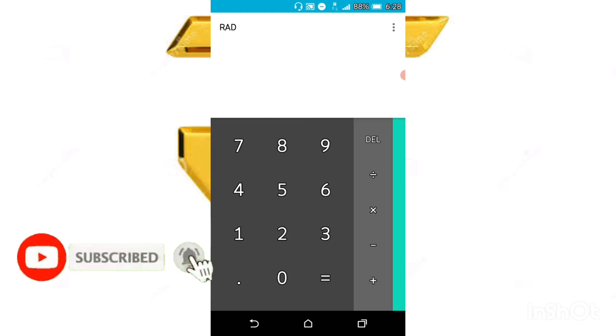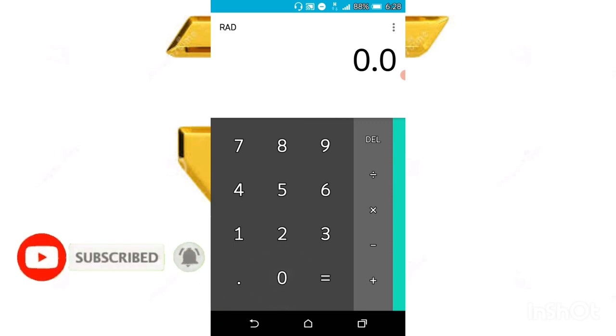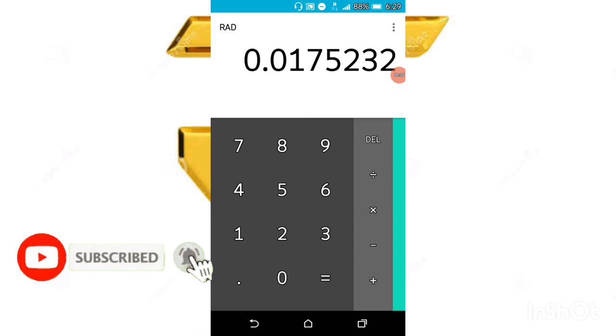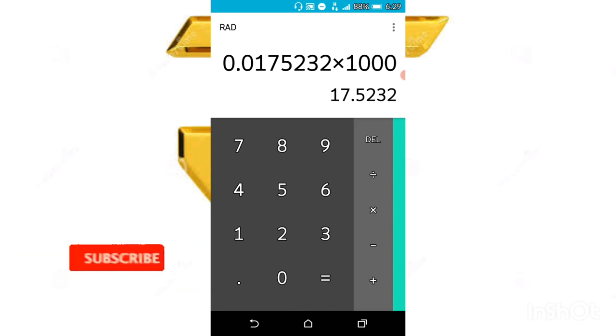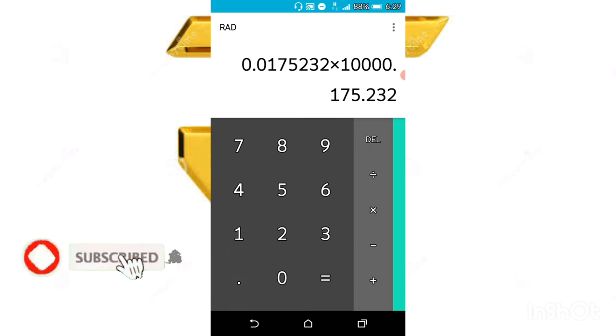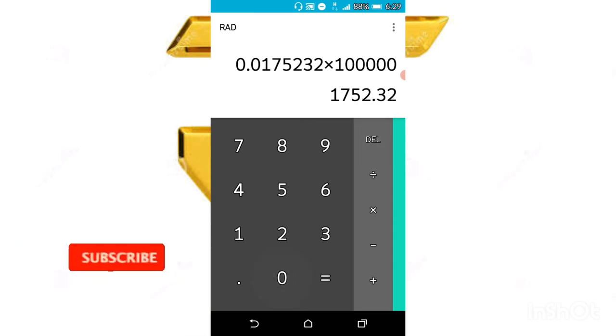From the calculation from the dimensions of the washing machine, we get 0.0175232, times 100,000. So for example, our shipping company says it is 100,000 per CBM.